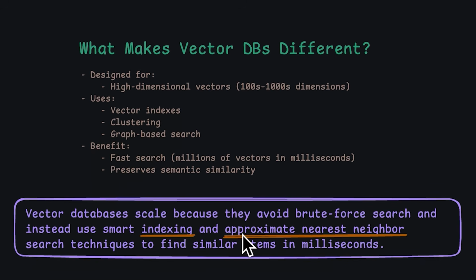Now this is a very important concept, the approximate nearest neighbor search techniques, and we will cover all these techniques separately. But for now, this is what is actually powering your vector databases. And this is a very important thing to note at this point, right? This is the concept that powers vector databases.